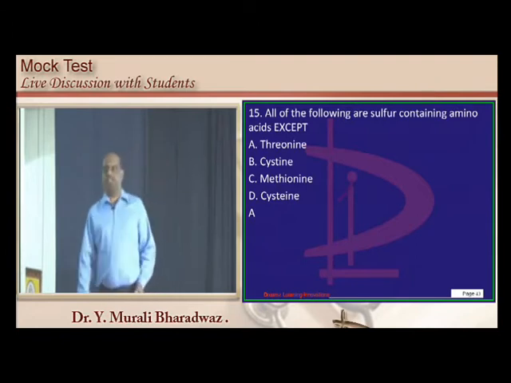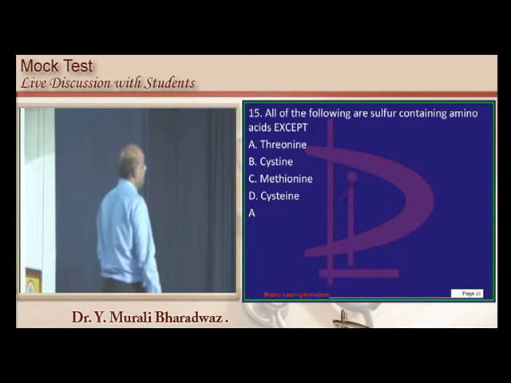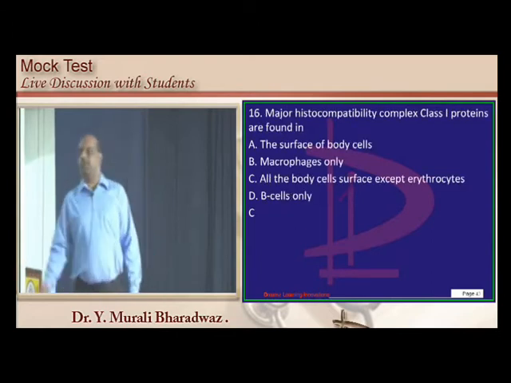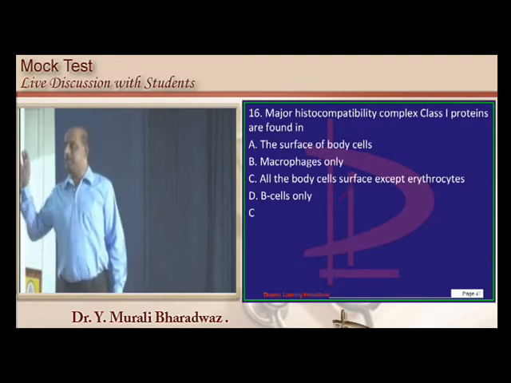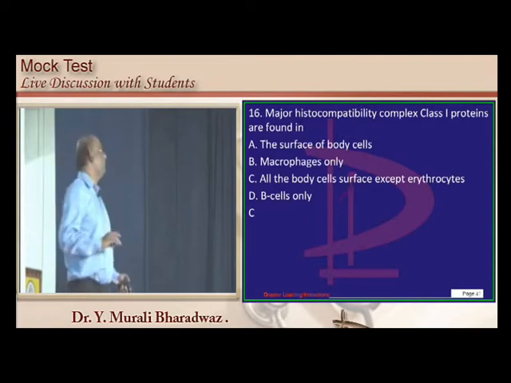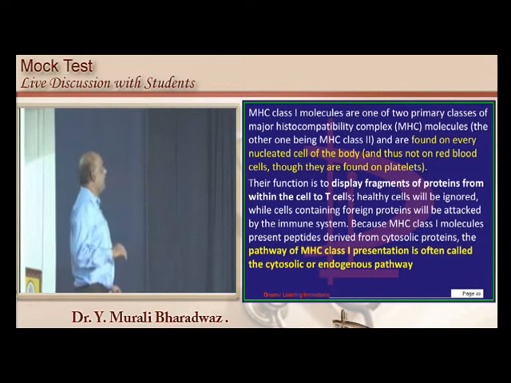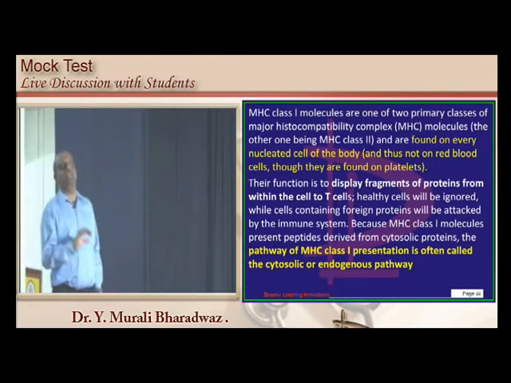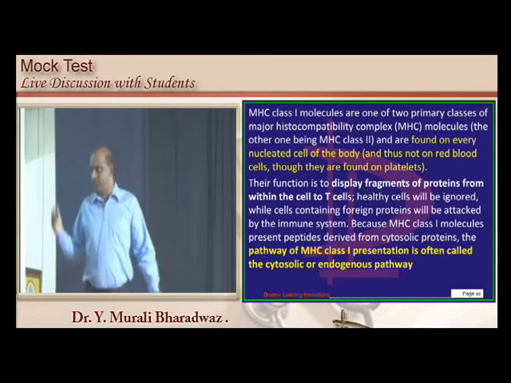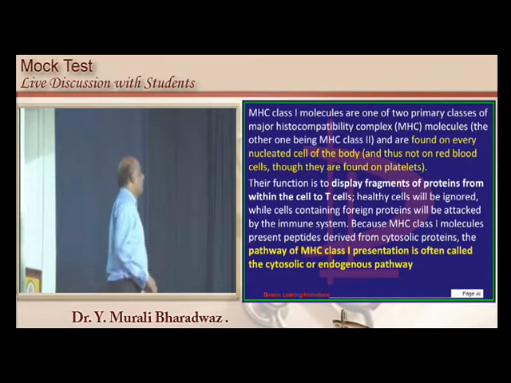Cysteine, methionine, cysteine, I think a very easy question. They are all basically sulfur containing amino acids. What is the difference between MHC class 1 and MHC class 2 is another very frequently asked question. MHC class 1 is typically found on every nucleated cell in the body. Since RBC has no nucleus, there is no MHC class 1, is typically understood.